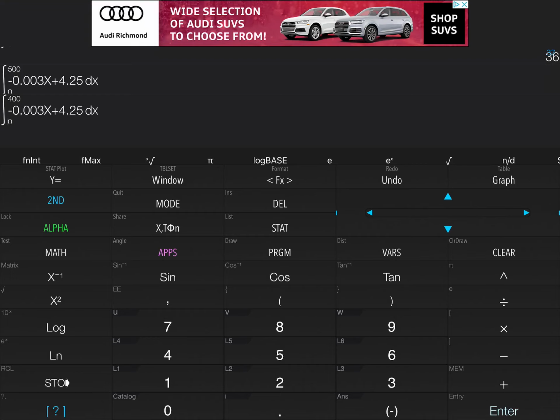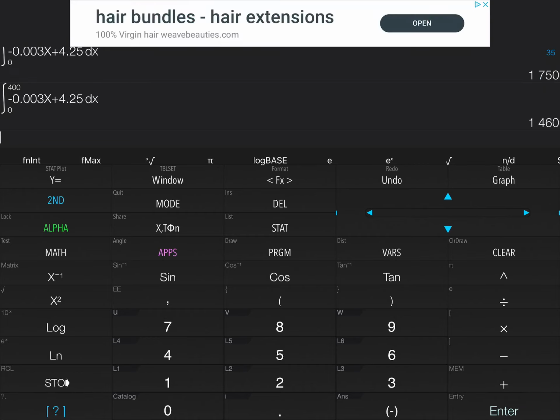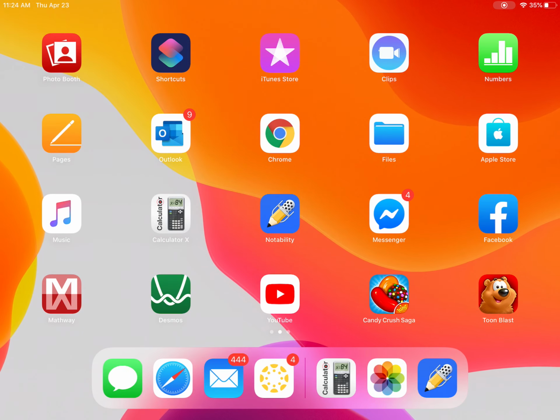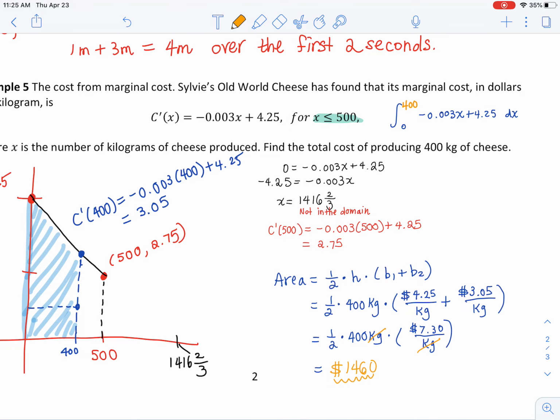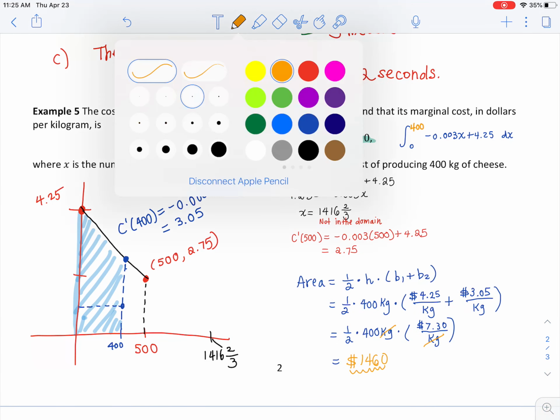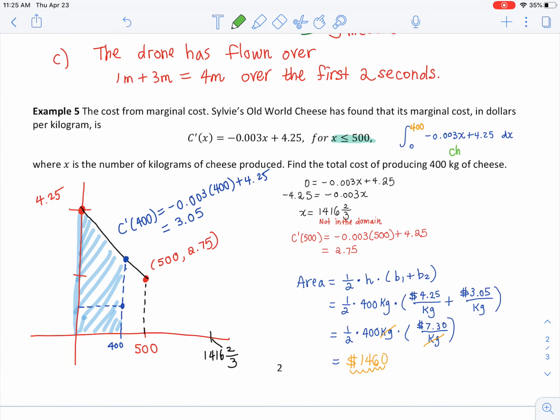So 0 down there, 400 up there, and for the function right here, negative 0.003x plus 4.25, and then I'm going to plug in the x in there. And guess what we're going to see? We better see the right answer. 1460. Okay, let's see. Was it really 1460? I think it was. Yes, it is 1460.